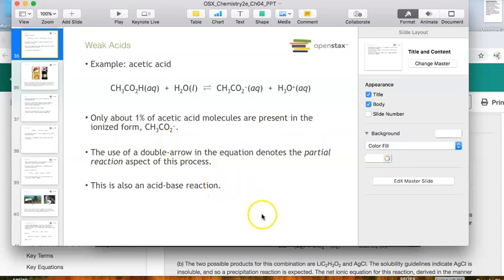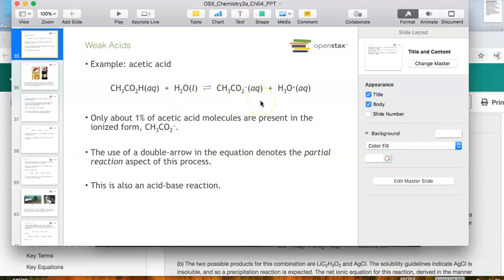The use of a double arrow in the equation denotes the partial reaction aspect of this process. Here we have the double-sided arrow, again indicating that you have a mixture of reactants and products. So far, we've only seen single arrows, and that indicates that the reaction goes to 100% completion.